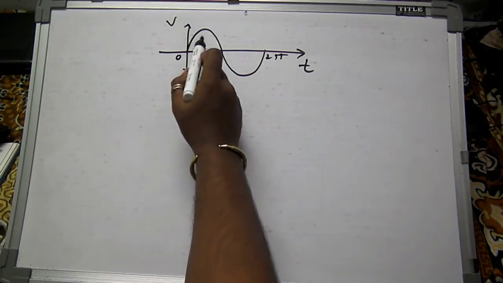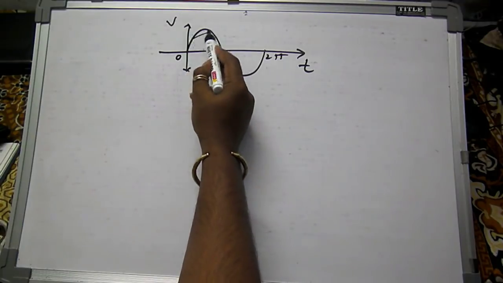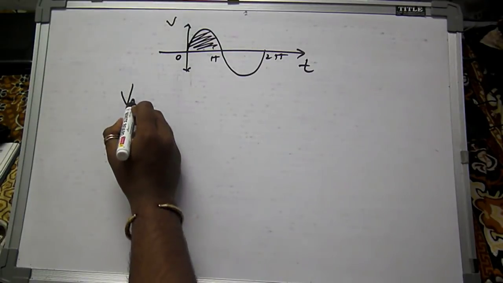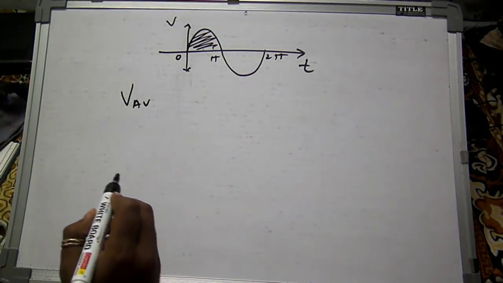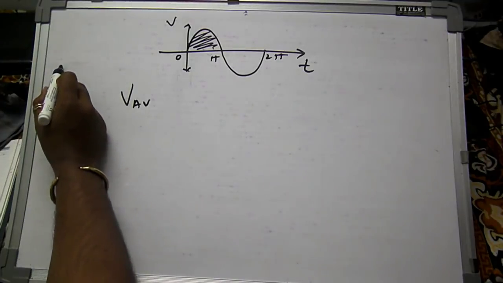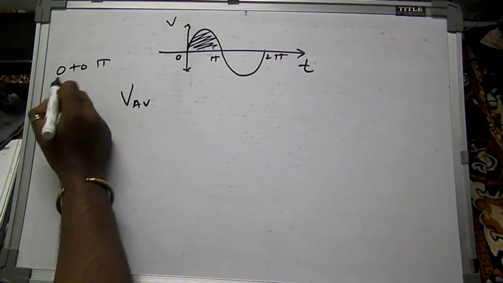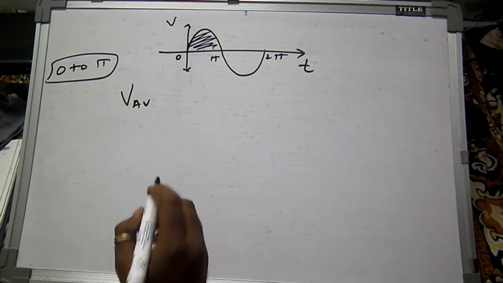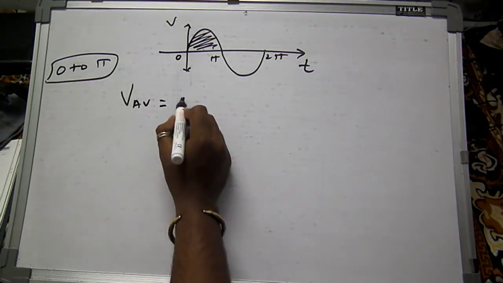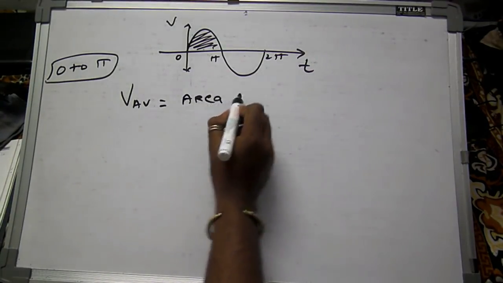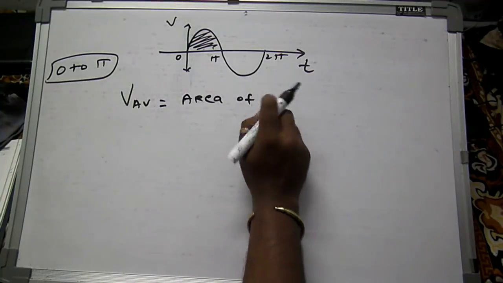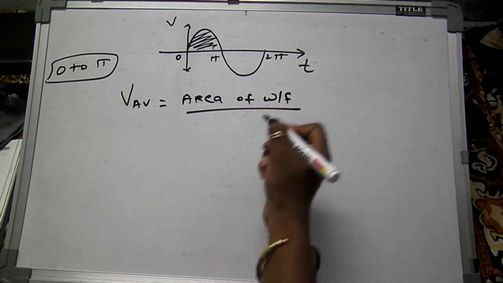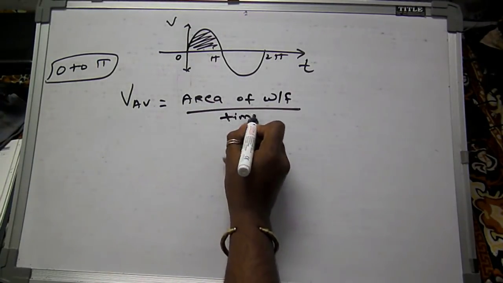So let's calculate the average value of this positive half cycle. How to calculate it? V average, for 0 to pi, is equal to the area of the waveform upon time.